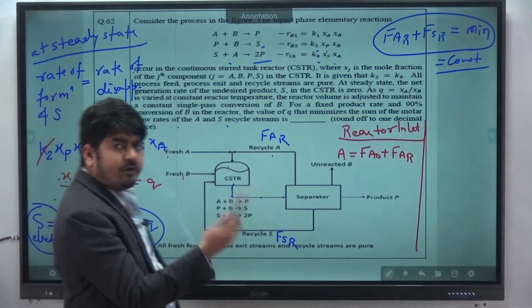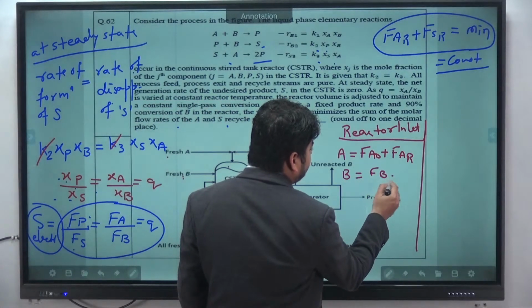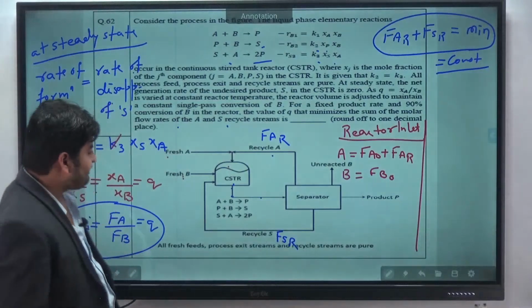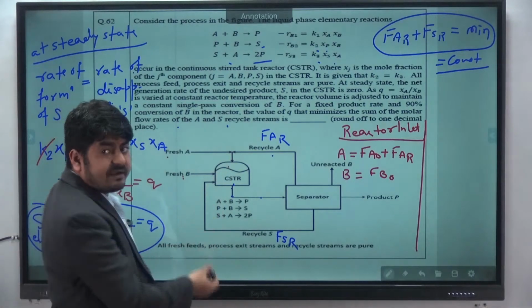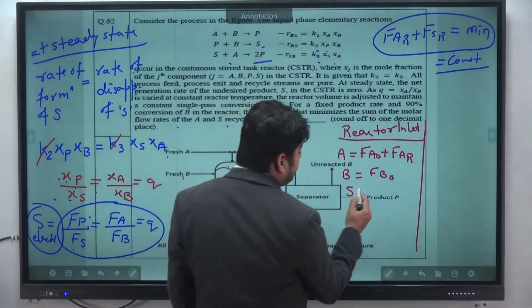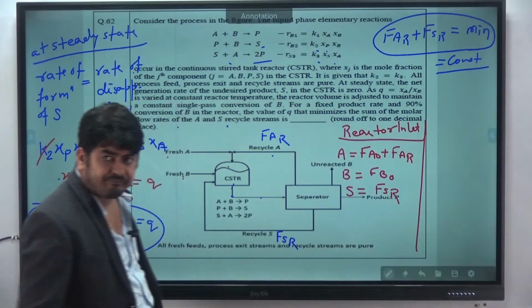B will be equal to whatever B is coming from the fresh feed, let's say FB naught. And S will also be at the inlet, which is coming from the recycle stream, FSR.